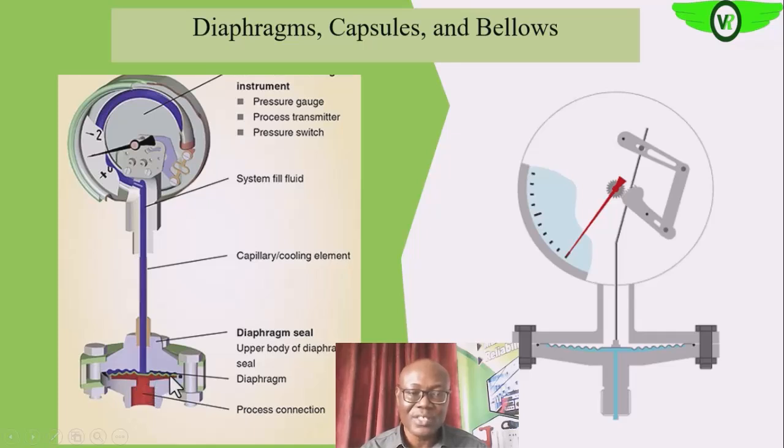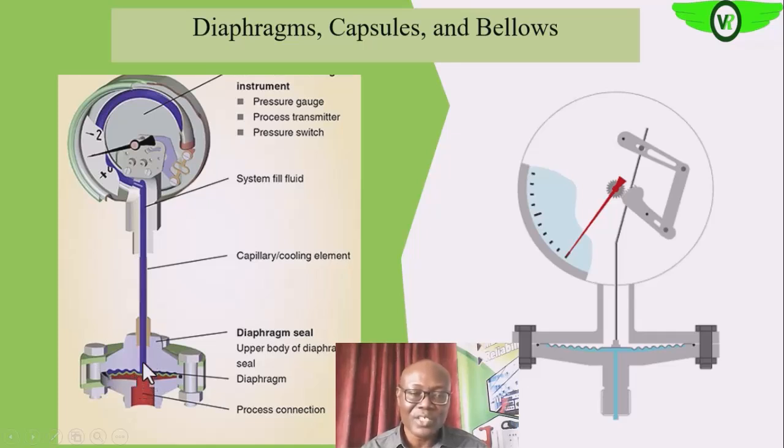As it stretches the diaphragm, that diaphragm movement is now transmitted into this element, that will eventually cause the movement of this spindle. Are we getting it, like we saw earlier? But instead of the process fluid directly affecting the stretching, it is this element that got its movement from the diaphragm.